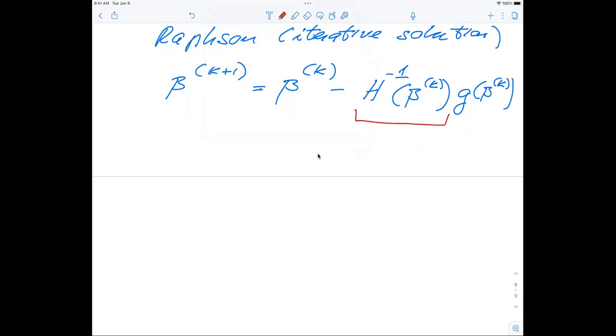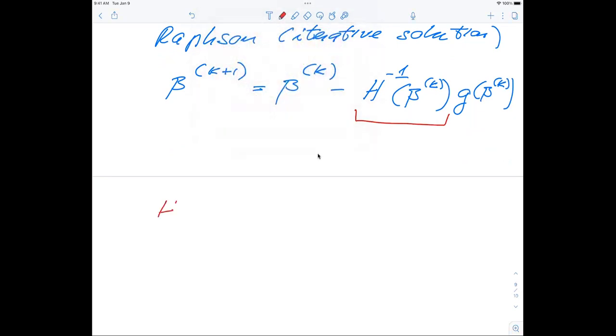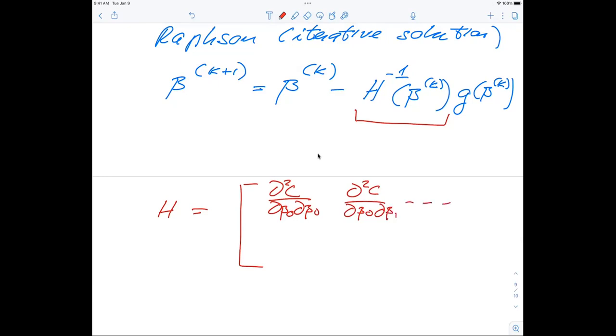So this matrix H is actually going to be the second derivative. It's going to have d beta 0, d beta 0, then d beta 0, d beta 1, and all the way up to the features, beta 0, d of beta p -1.